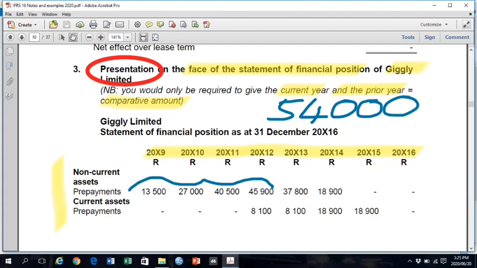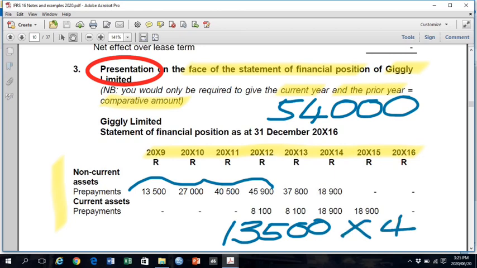And that represents the prepayment annually of 13,500 for 4 years. So your balance at the end of year 4 is the 45,900 plus the 8,100, and that equals the 54,000 Rand balance.